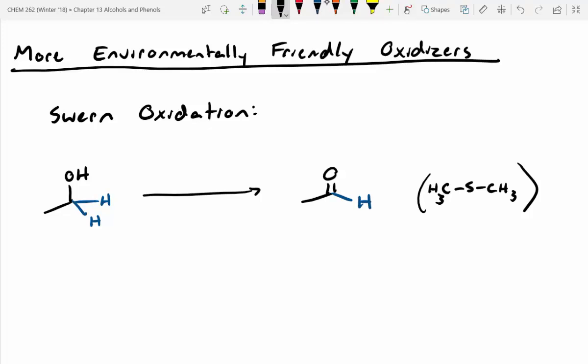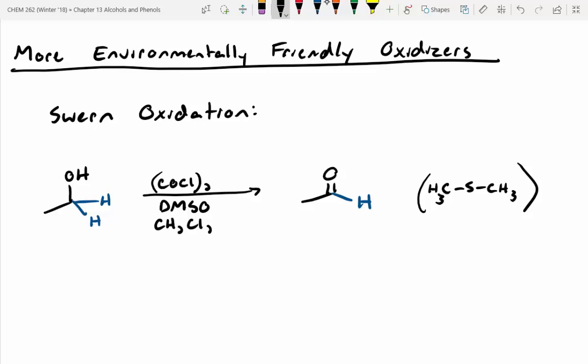In order to do the Swern oxidation, you do have to be careful with your set of reagents. Typically what you use is something called oxalyl chloride, DMSO as your solvent, or actually it's both solvent and reagent here.